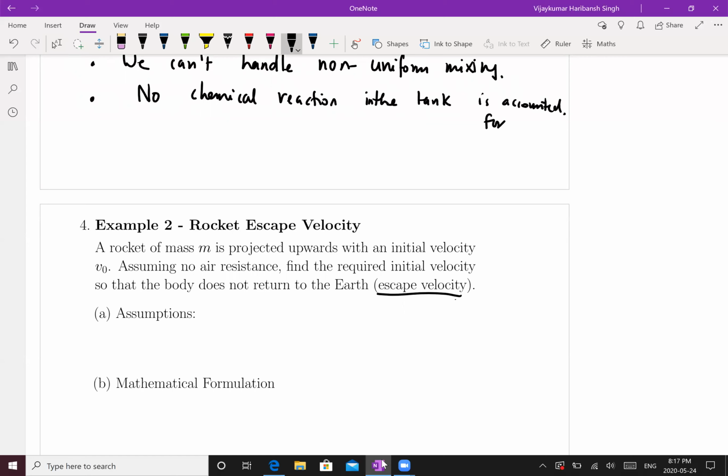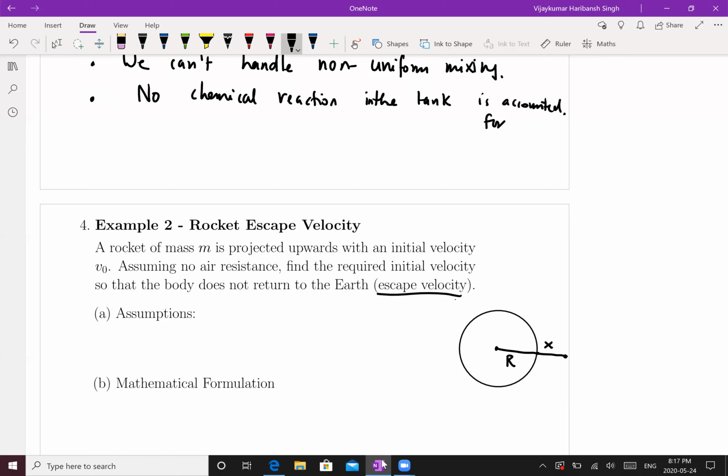Okay. So let's think about it. So this is your earth. This is the center of earth. Let r be the radius of the earth and x be the initial distance at which the rocket is from the surface.